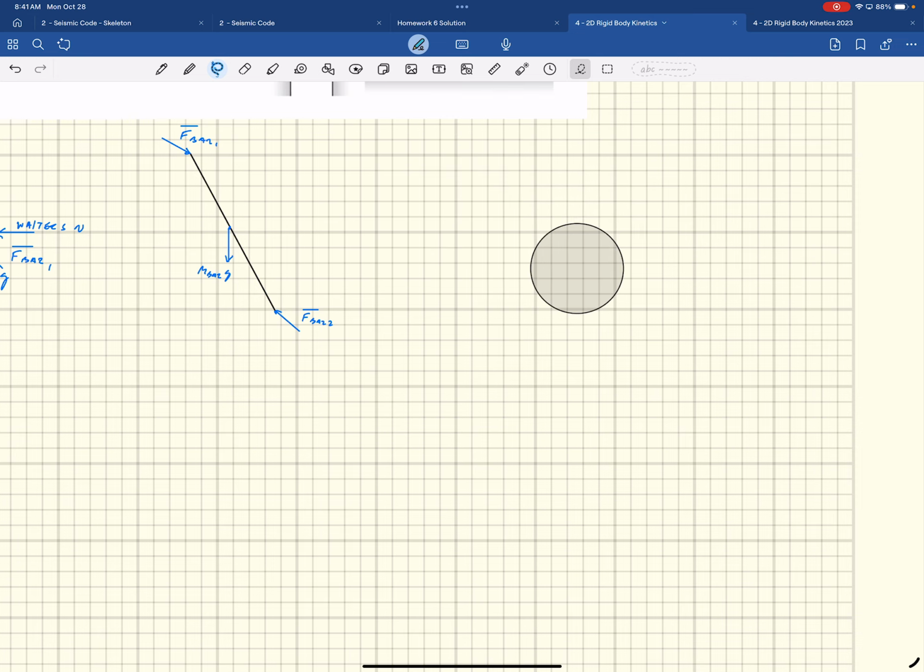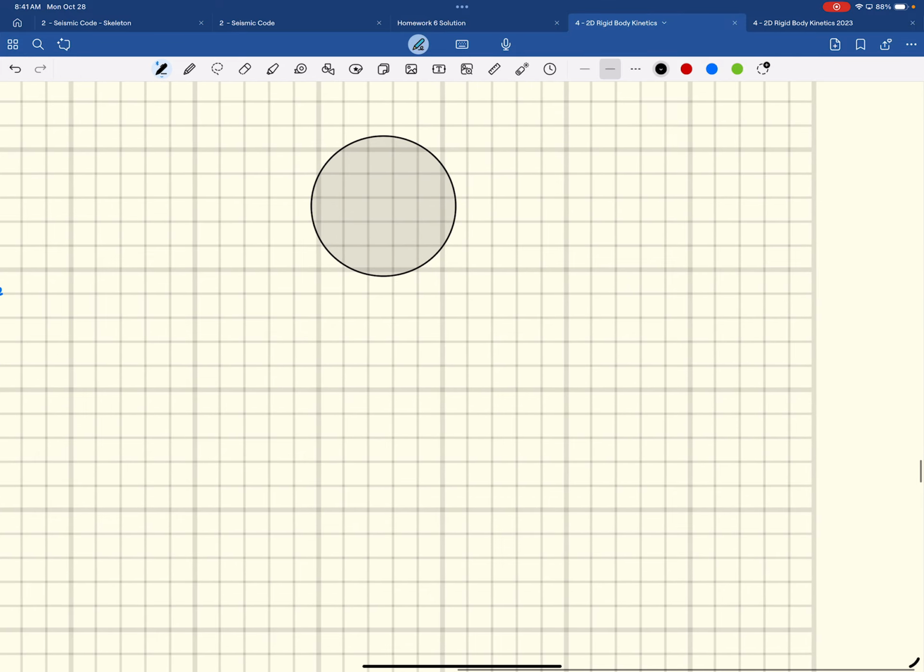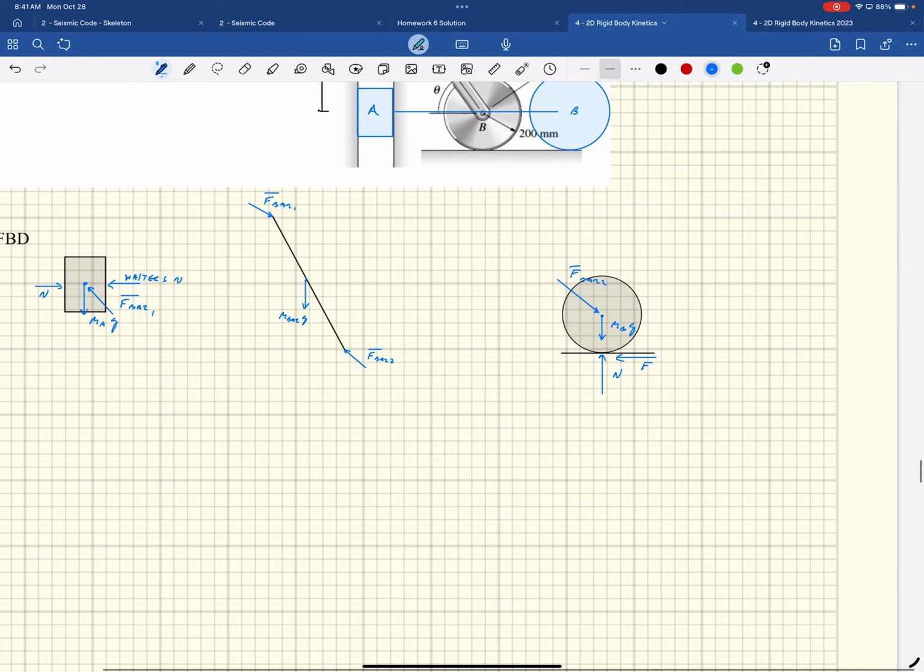All right, forces acting on this: we have a normal force acting up, a friction force to the left, mass times gravity going down, mB times g, and this will be F bar 2. Okay, that should be everything acting on there.